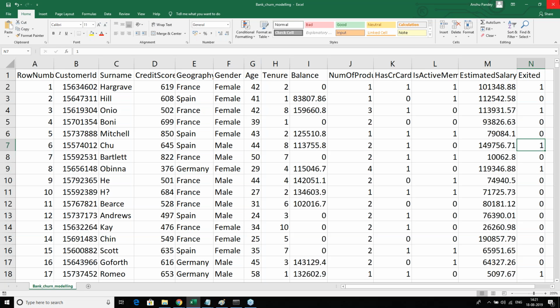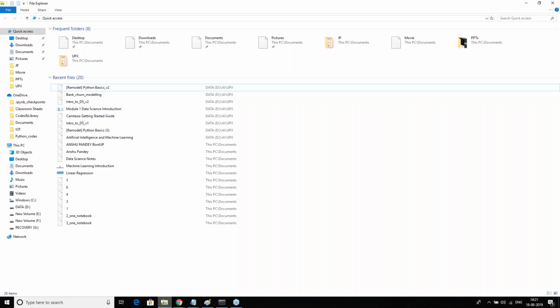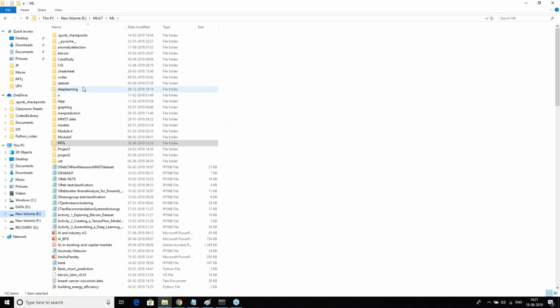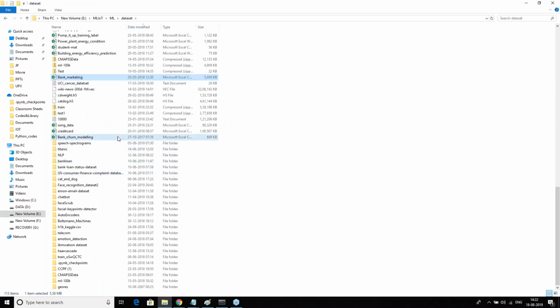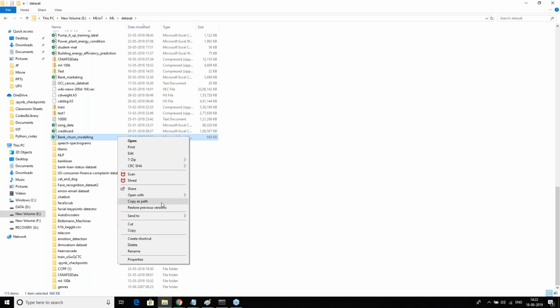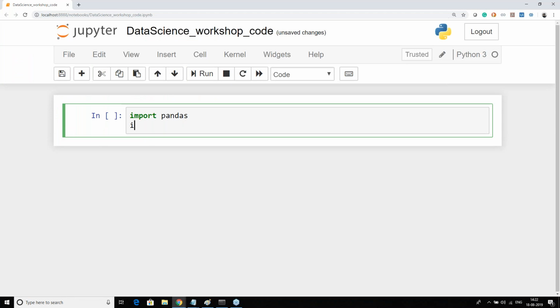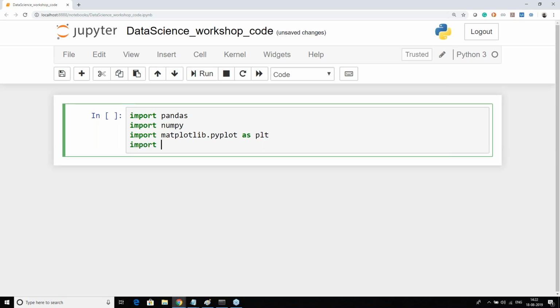Okay, we're going to load this data set, and for that I will need to close this out and go to the data set options, ML, data set options, bank, and get the bank churn modeling data, get the path. First we can load some packages: import pandas, import numpy, import matplotlib.pyplot as plt, and import seaborn as sns.